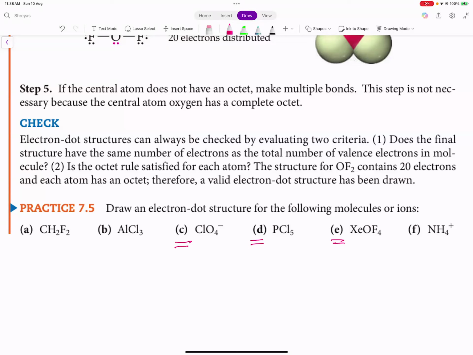Sir, for the second one, what are you supposed to do about Al's completion? Al is not getting completed. Okay, Al will remain with 6.